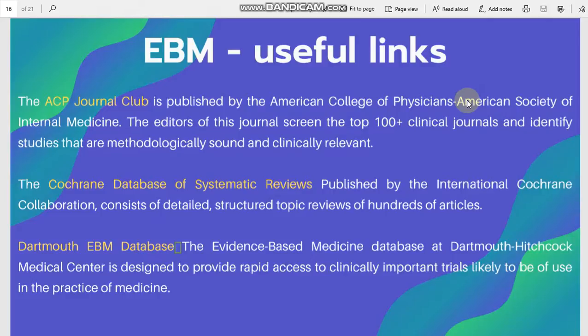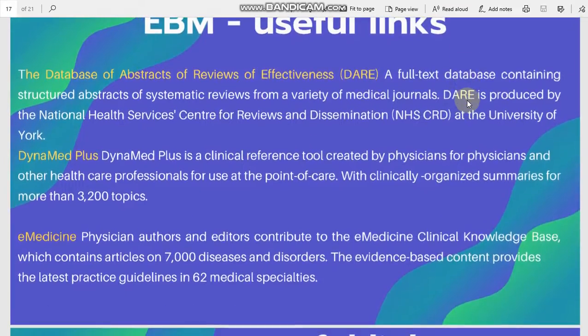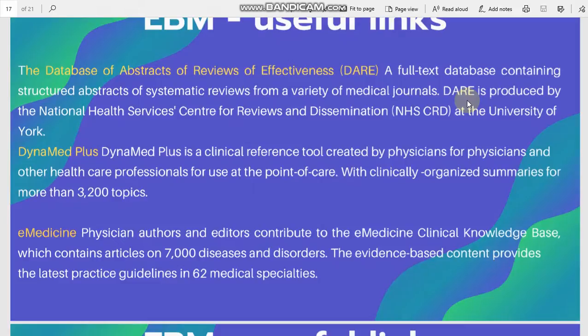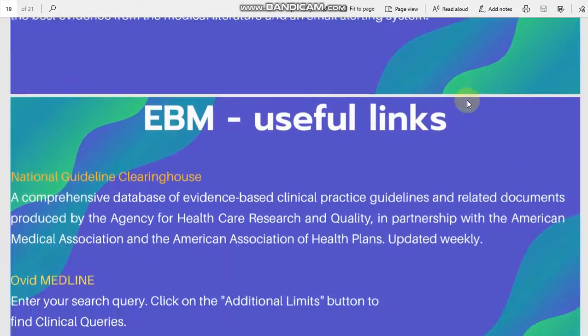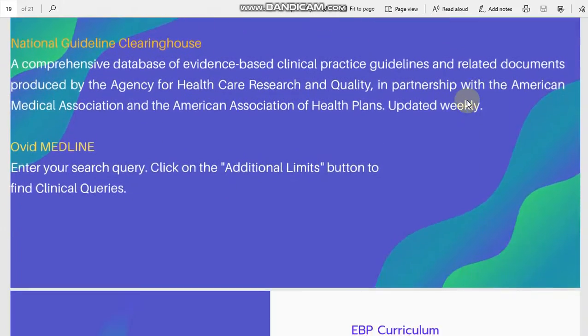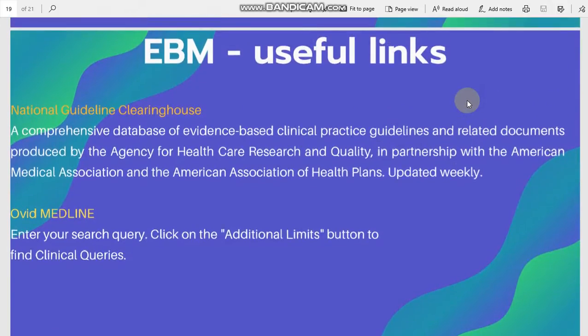These are some of the EBP or EBM links: ACP Journal Club, Cochrane database, Dartmouth EBM database, Database of Abstracts of Reviews of Effectiveness, DynaMed Plus, eMedicine, Evidence Based journal series, BMJ Publishing Group, National Guideline Clearinghouse, and Ovid Medline. There are also databases like UpToDate that physicians use. These are all important and useful links where systematic reviews and good articles are present. You should always rely on these types of studies to take out evidence based information and provide it to your inquirer.